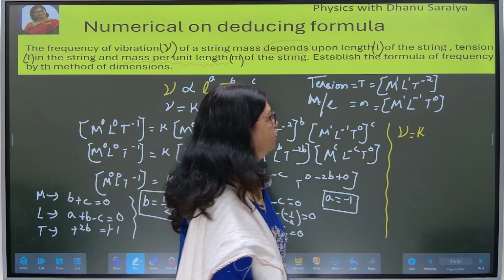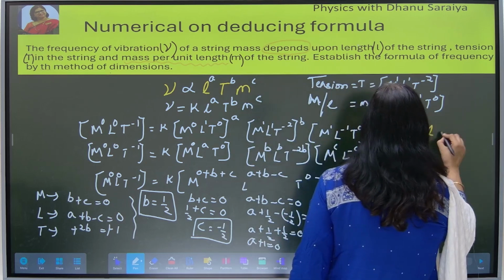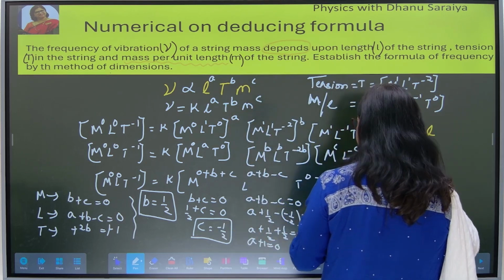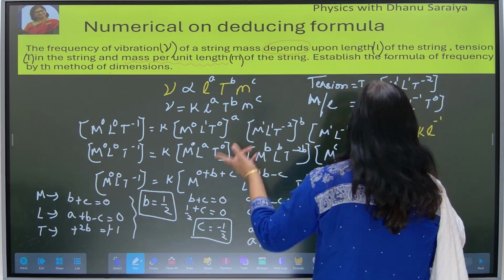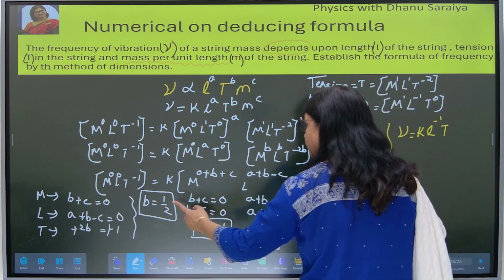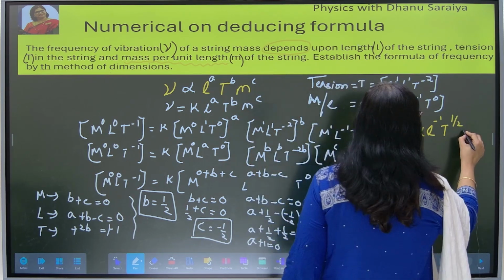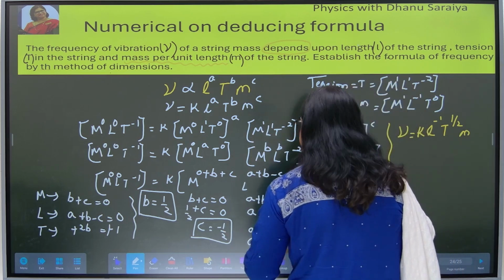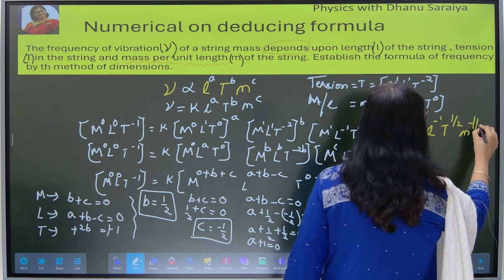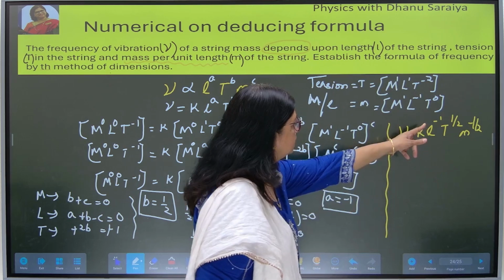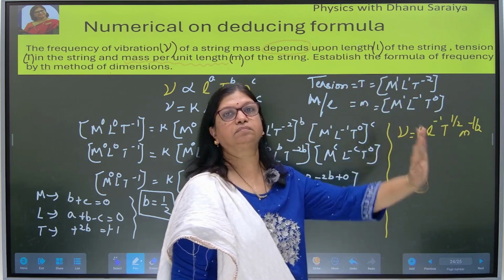Don't do that. So I write first L and power of L was A. What is A here? Negative 1. T, power of T was B. What is B? Half. M, power was C. Negative half. Agreed? So this is A, this is B, this is C.